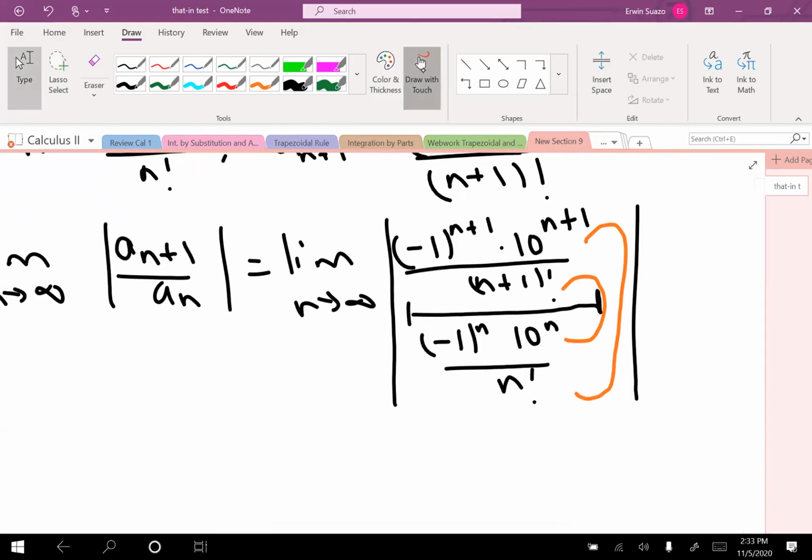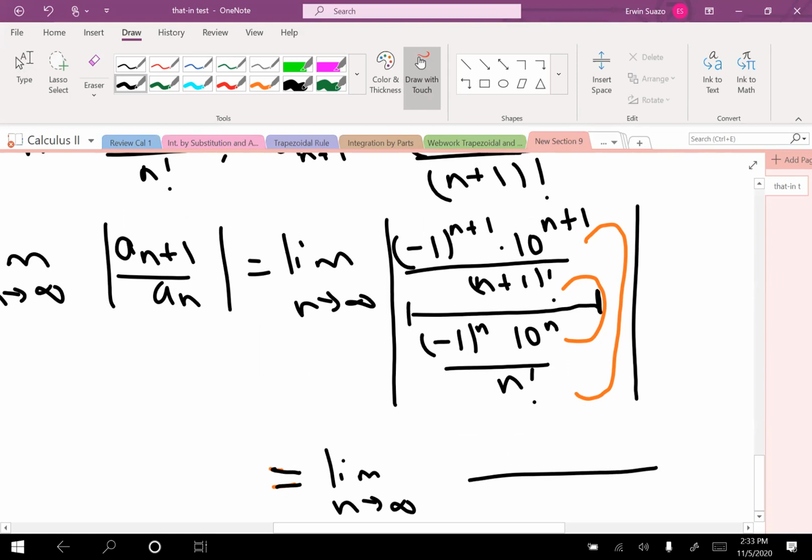And then I can do my yield law. So I get the limit as n goes to infinity, the minus 1 disappears, and I get n factorial times 10 to the n plus 1, and then the other will be n plus 1 factorial over 10 to the n. Is that right?